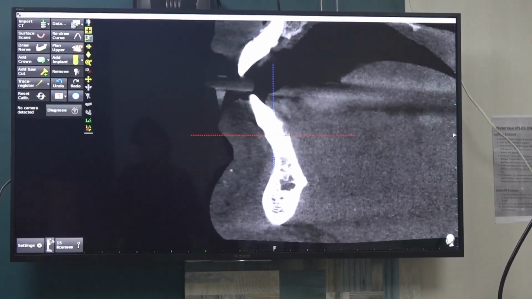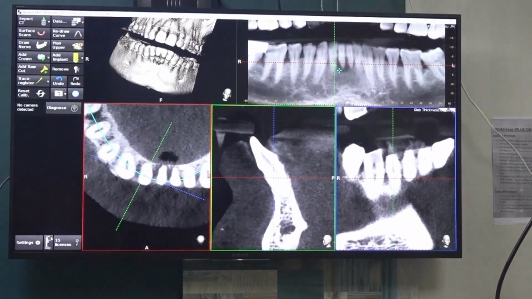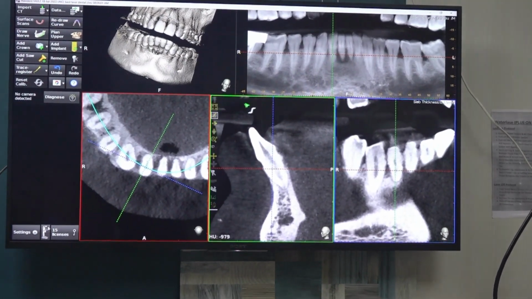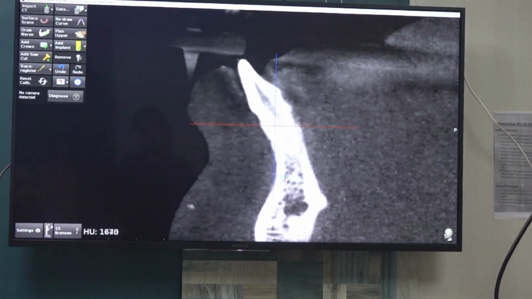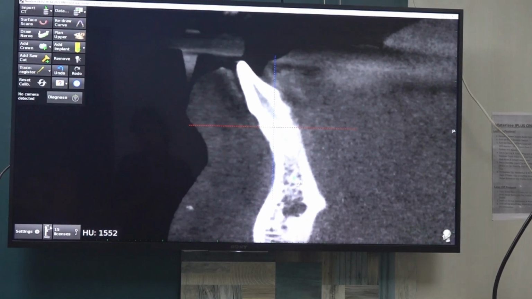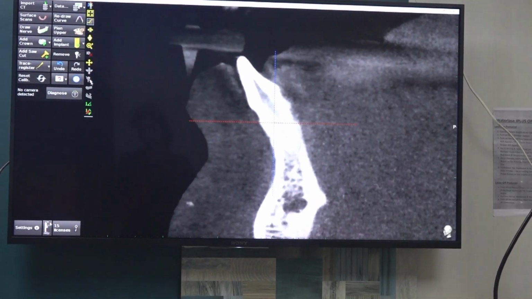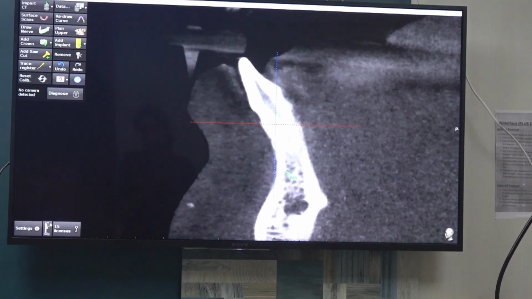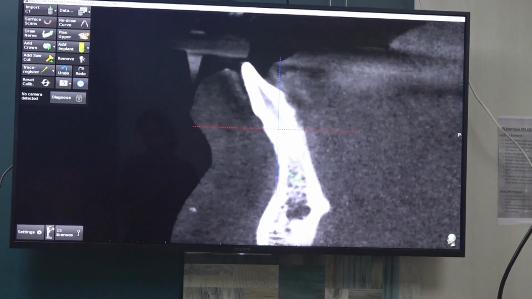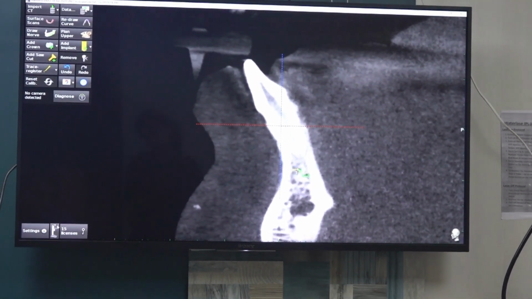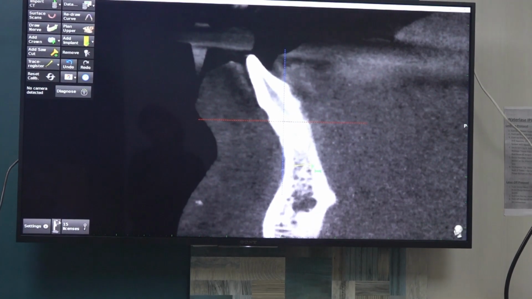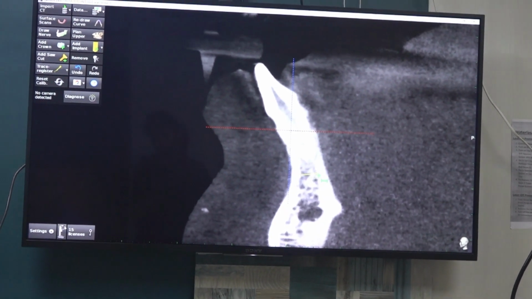So for this patient, the intramedullary bone is good. So if you place basal implants, the basal design gets stability not only from this entire bone, it gets stability from the buccal and lingual plate.